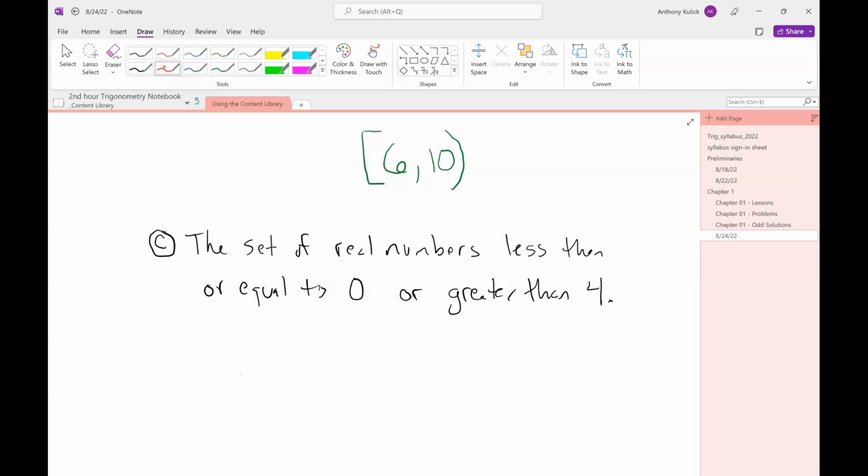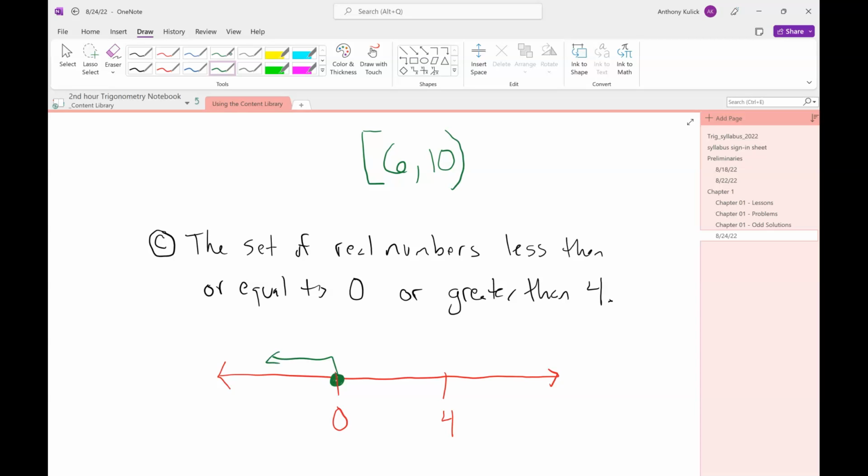Okay. Since we're talking about real numbers, we'll start with the number line. So we got 0, we got 4. All right, let's start drawing our picture. Less than or equal to 0. So 0 gets a closed circle. And which way is the arrow going to be going? Left. Excellent.